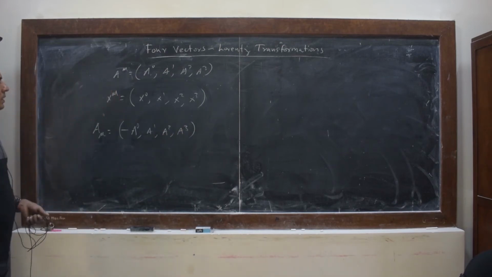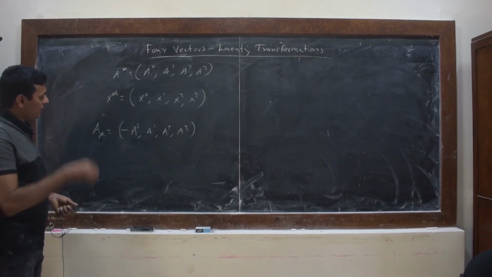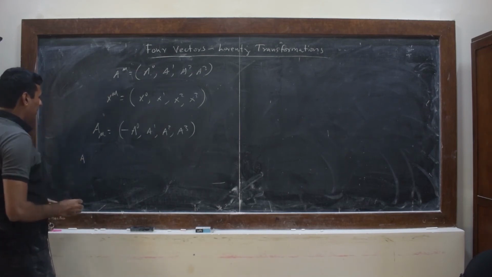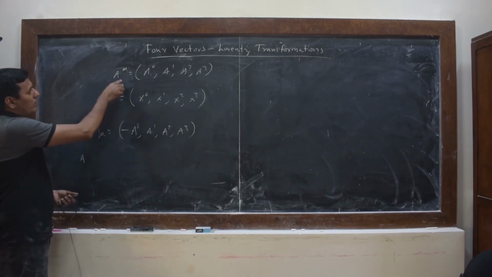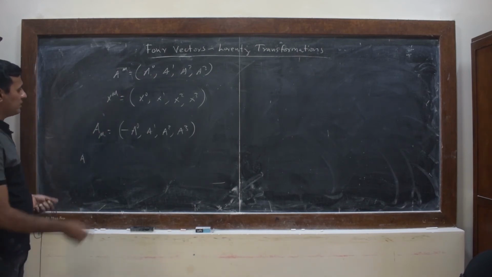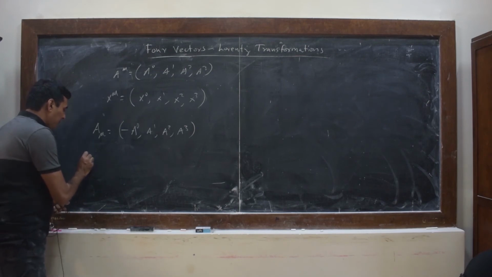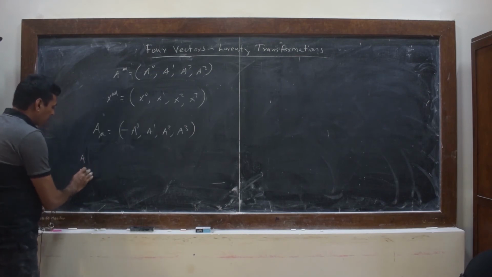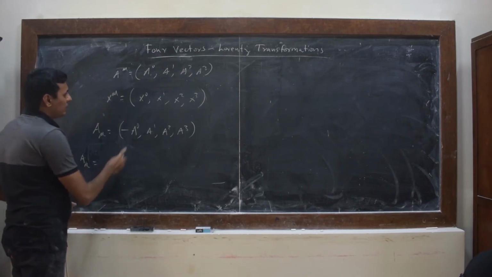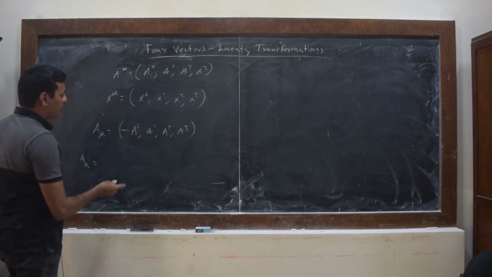Okay. So if you know the components of the contravariant vector, how do you get the components of the covariant vector? You can see that A_μ can be written as a matrix multiplication.